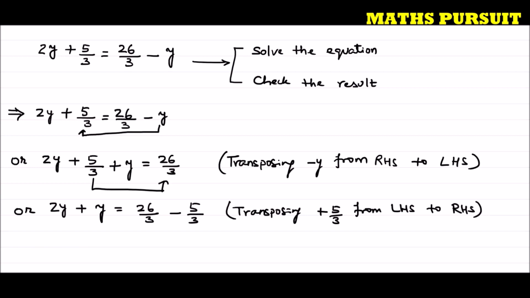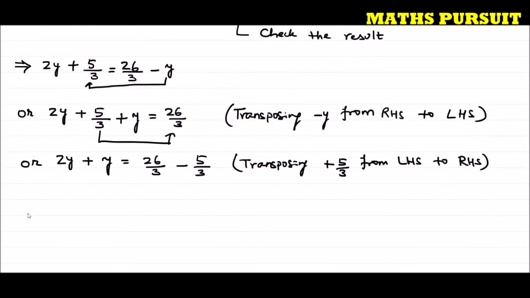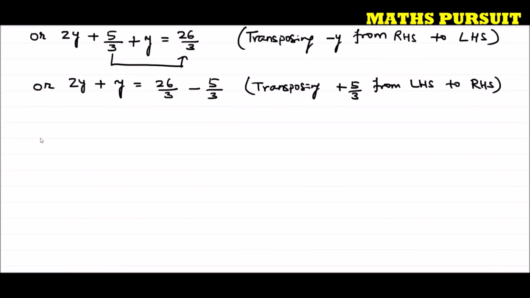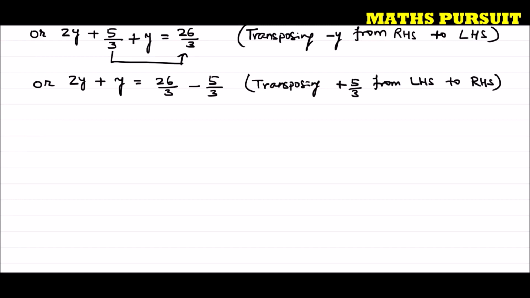What we got? We got 2y + y is equal to 26 divided by 3 minus 5 divided by 3. Or I can write 2y + y is 3y is equal to, here LCM is 3, so directly I can do (26 - 5) divided by 3.